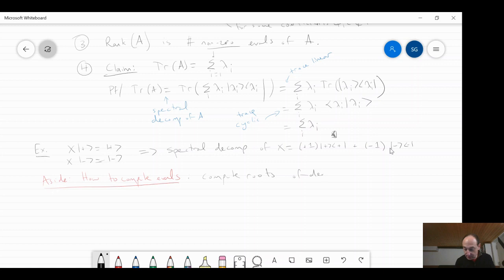of the so-called degree d characteristic polynomial. And what is P A? Well, what I do is I take my matrix A and I say lambda I minus A. I want to figure out the roots of this.